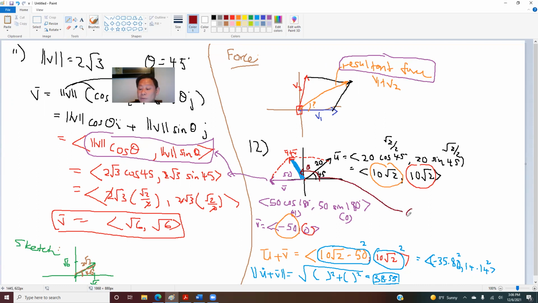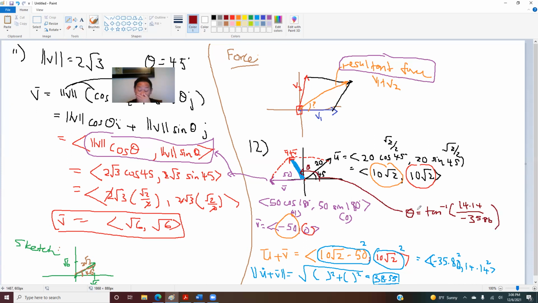So in order for us to find theta, this is actually the arctangent of the second component, 14.14, over the first component, negative 35.86. Sorry. So it's always like that.